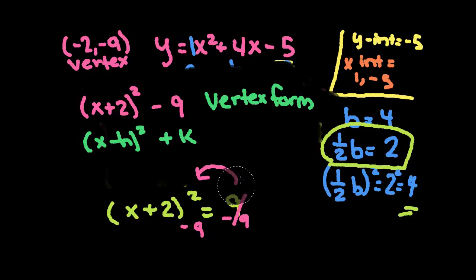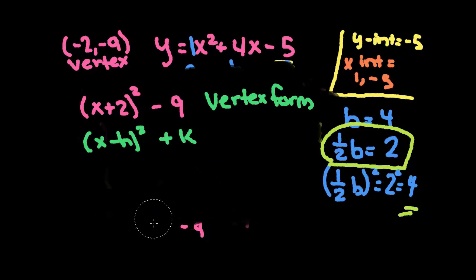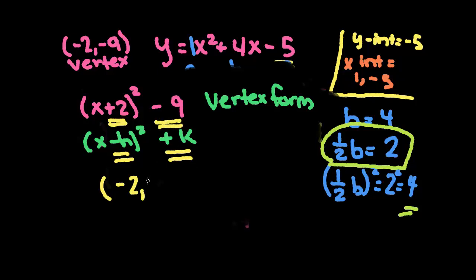So, using that information, I can now just look at the equation and figure out what my vertex is. Since this is x minus h and this is a plus 2, I have to switch the sign of the number there. So this is going to be a negative 2. Since this is a plus k, and this is a minus 9, actually this would be a plus a minus 9.